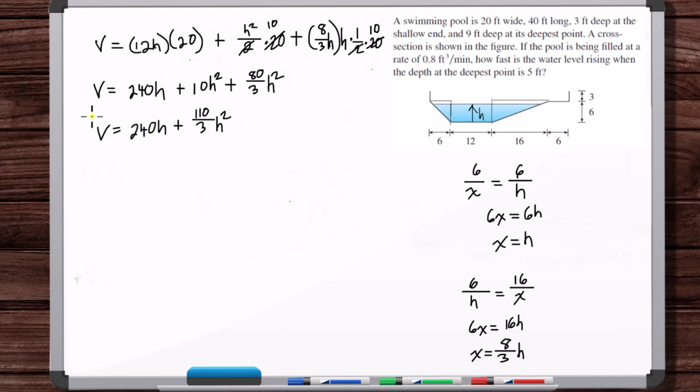Now we want to differentiate this equation with respect to time. So V dot is equal to 240 h dot plus, what is 2 times 110? That's 220 over 3 h times h dot. Now let's solve for h dot.